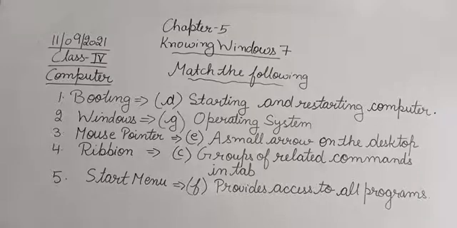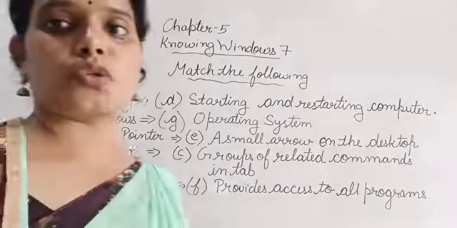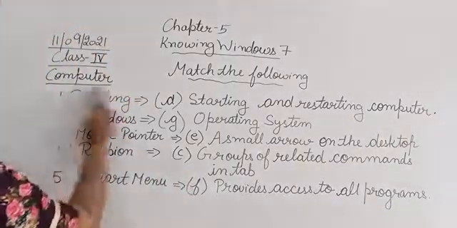That is option number C, groups of related commands in tab. Fifth is start menu, that provides access to all programs. Clear? Chalo.